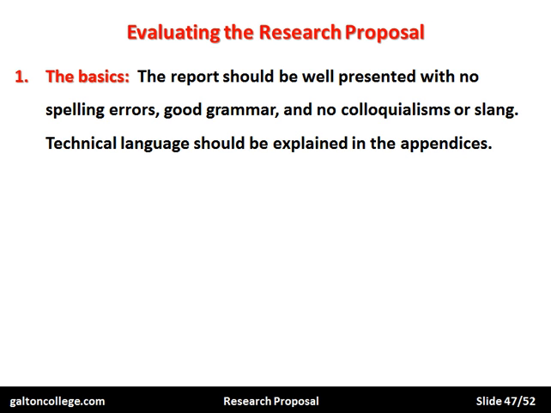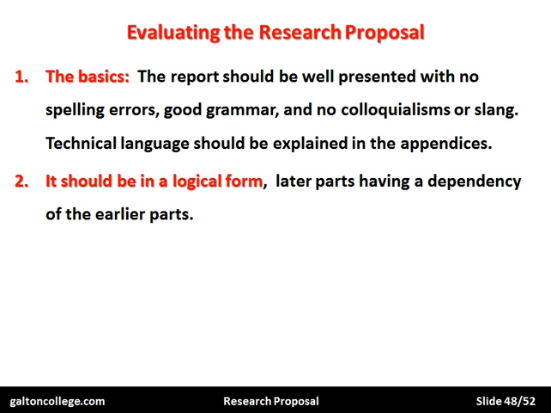Many word processors have got facilities to help with this. They often highlight issues and make recommendations, say bad grammar, recommend the following. Carefully look at this and see if you want to accept the recommendations of the word processor. It should be in a logical form.